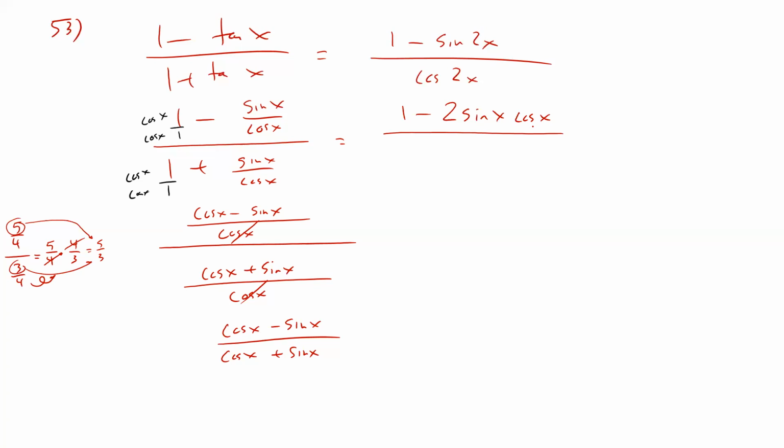Oh, you know what? Now that I'm thinking about it, I have these different choices for cosine. And maybe I did go the wrong way, because check this out. If I do 1 minus 2 sine squared x, is that the formula for it? Is that right?